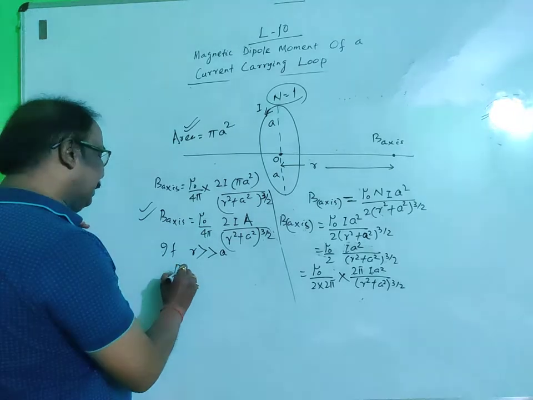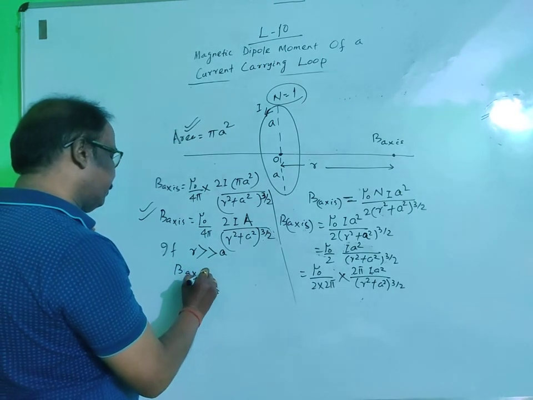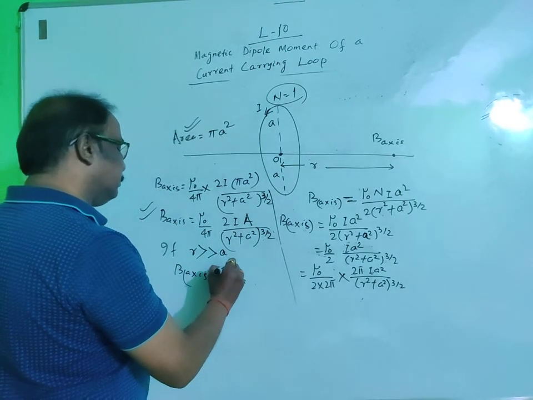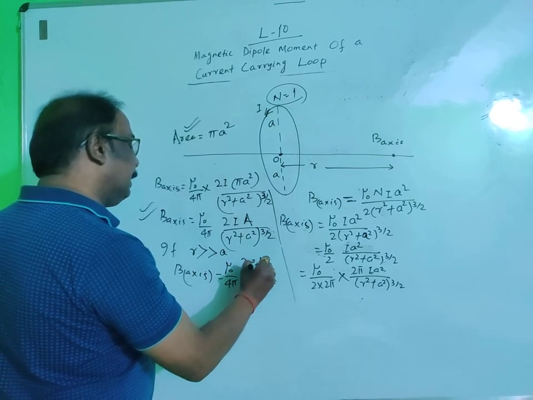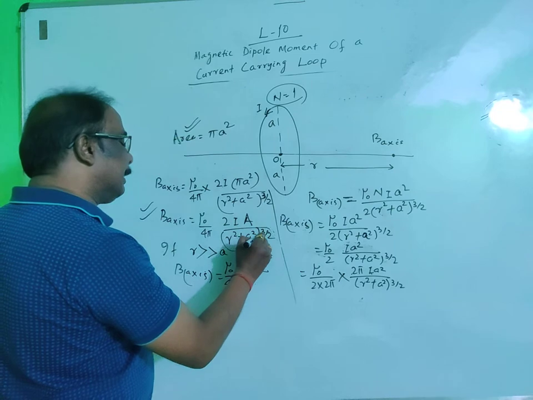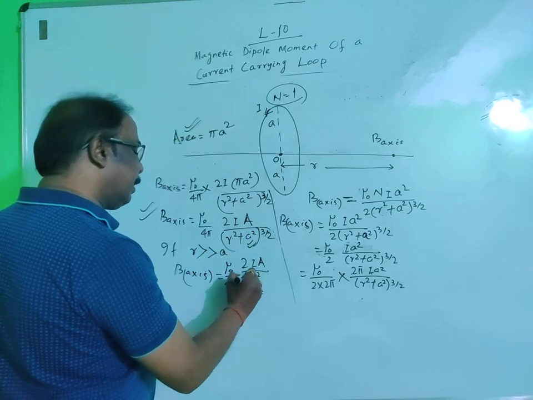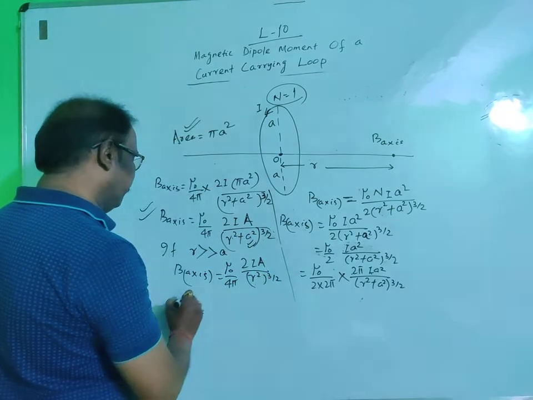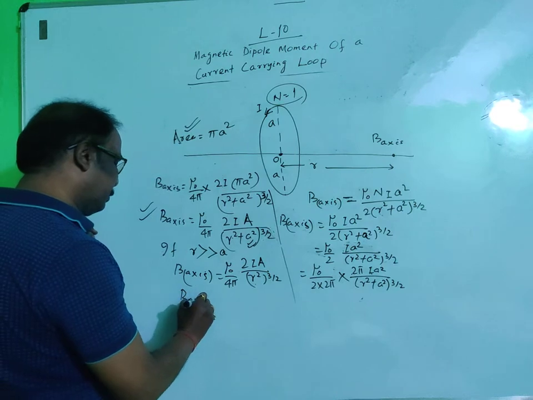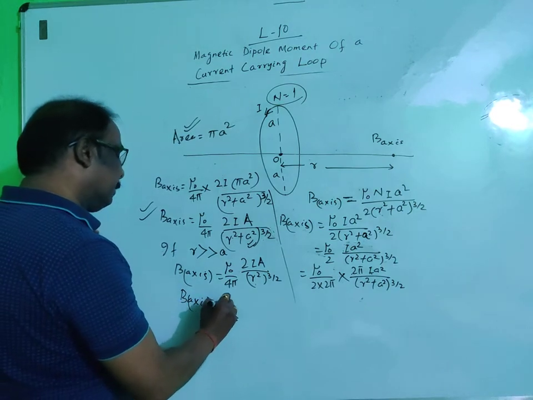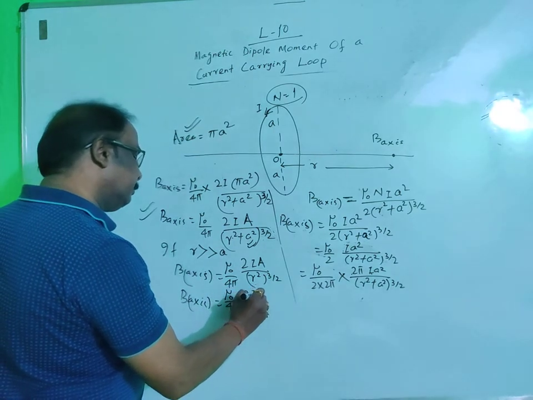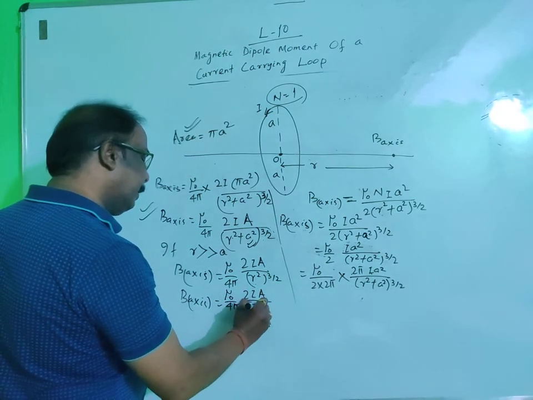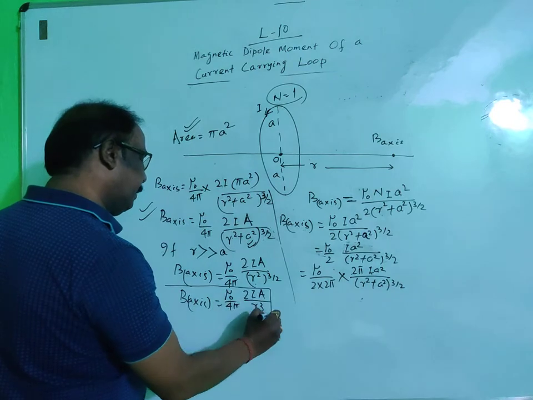Then magnetic field on the axis is equal to mu naught by 4 pi into 2ia divided by r square to the power 3 by 2, with a square neglected. Then magnetic field on the axis is given as mu naught by 4 pi into 2ia divided by r cube. This is our final output.